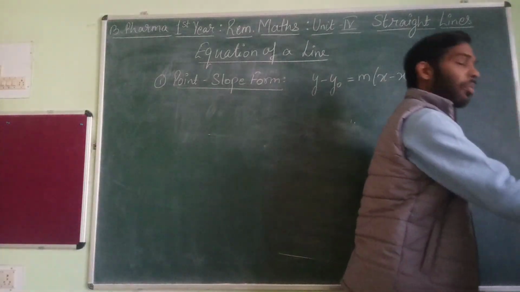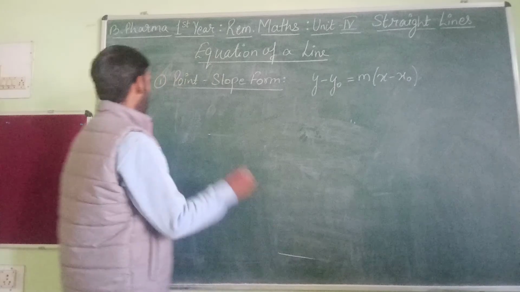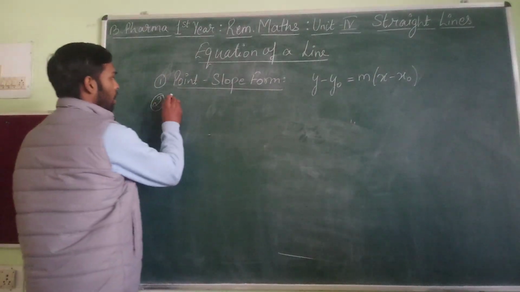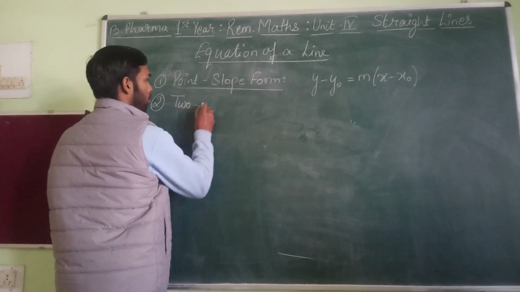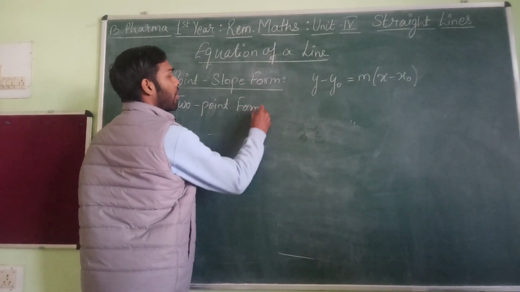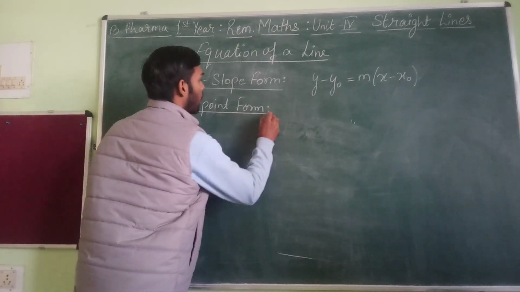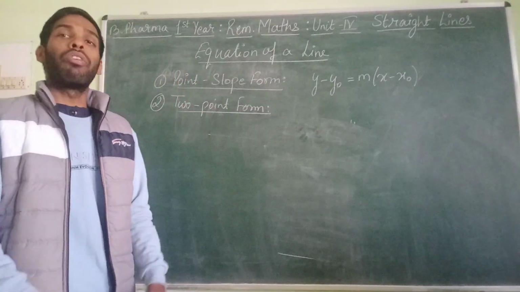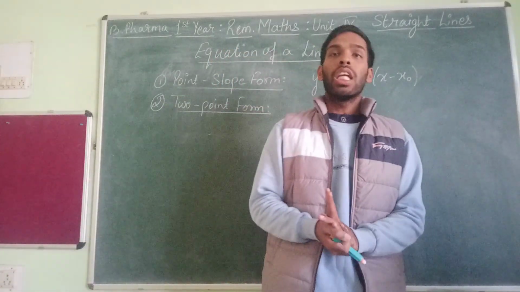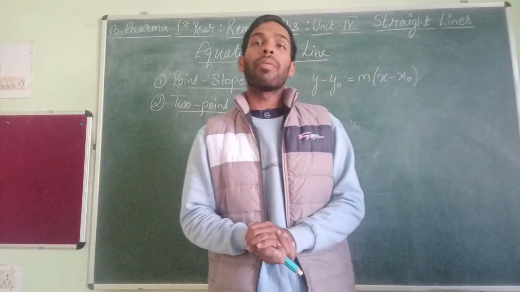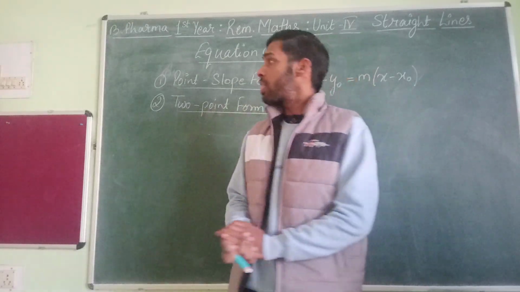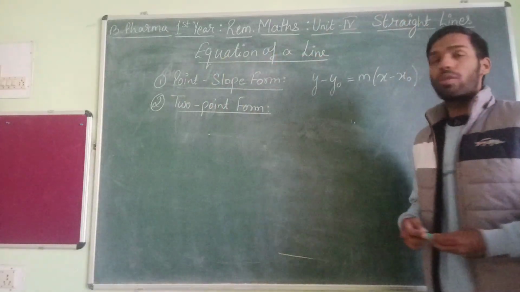From the name itself, it is clear that 2 points of a given line should be given to us. That is, if the coordinates of any 2 points through which a line is passing are given, then we can find the equation of the line using this form.